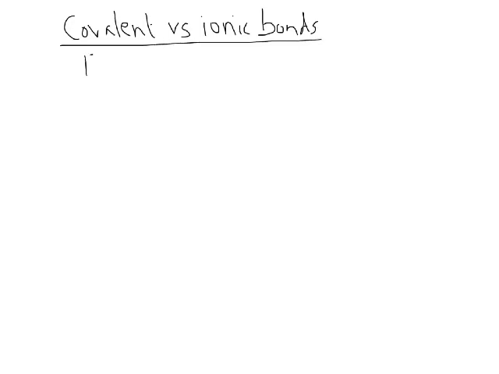We're now going to look at the difference between covalent and ionic bonds. We might even put a new heading up here, covalent versus ionic bonds. So ionic bonds are between metals.